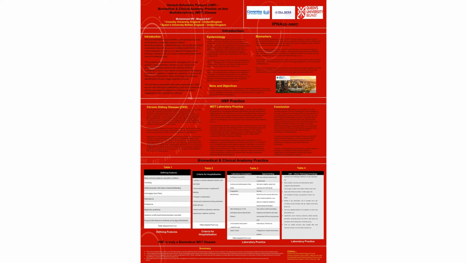And then there's investigation around the septic screen, if diagnosis is unclear and purpura present. So septic screen is quite useful, but again is an investigation that is requested along with other investigations.